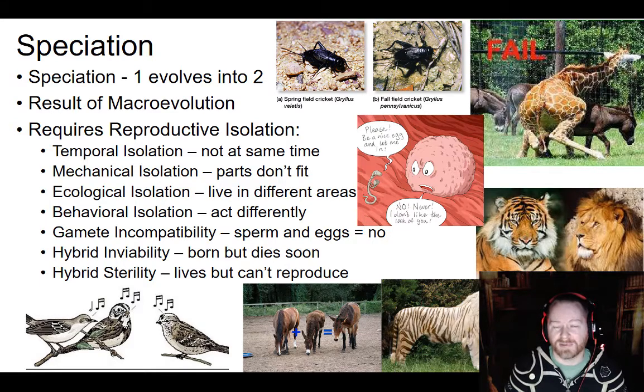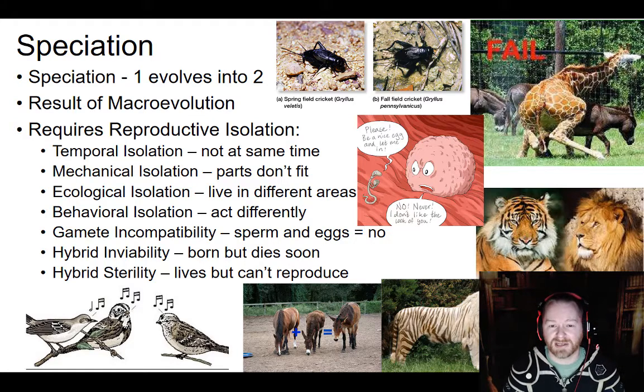The females can, but they can't reproduce with the male mule because males can't have babies. So that means as a species, well, mules are not a species. Mules are a hybrid of donkeys and horses. So that tells us that donkeys and horses are not the same species, and that process that keeps them reproductively isolated further divides donkeys and horses into two separate species.